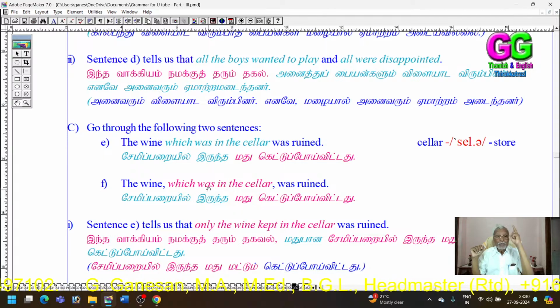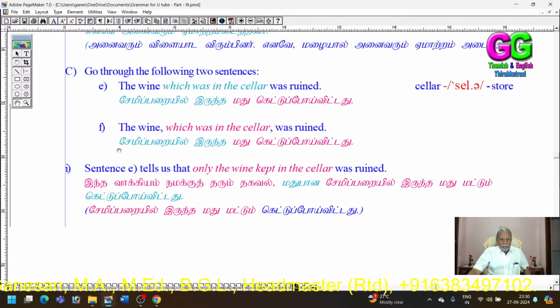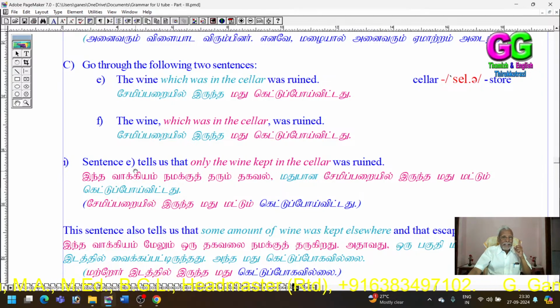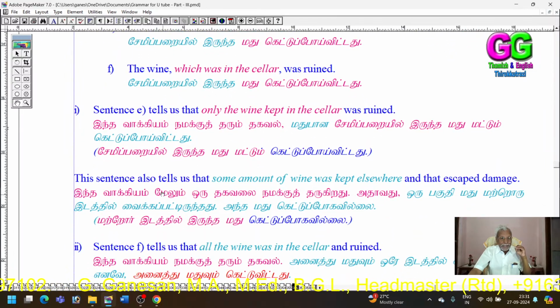It has two kinds of meanings. First, you see, sentence E tells that only the wine kept in the cellar was ruined. That is one meaning. Its second meaning: the sentence also tells us that an amount of wine was kept elsewhere and that escaped damage.